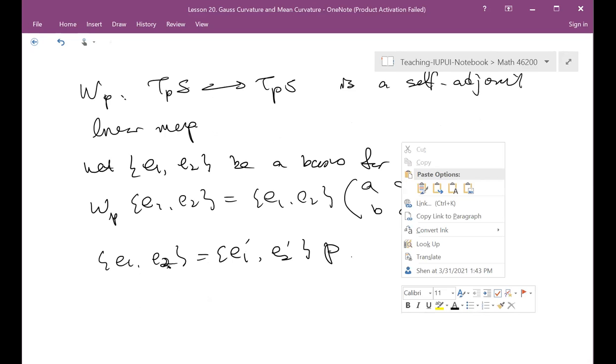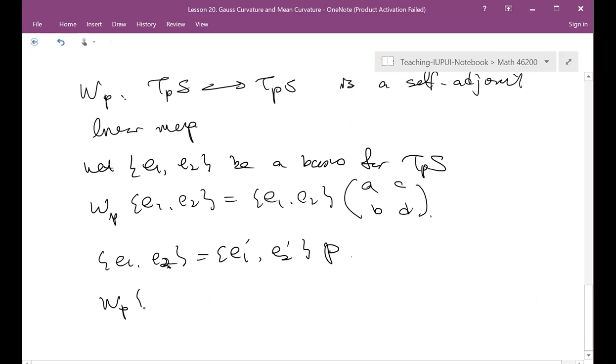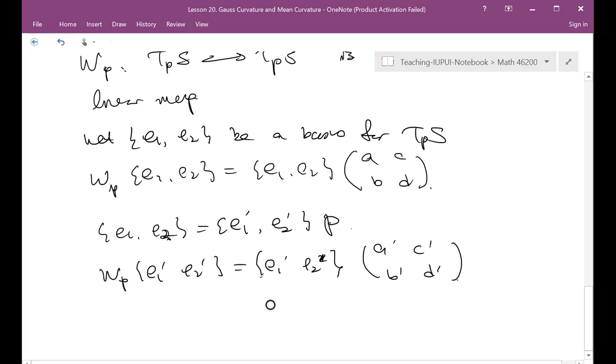I want to find the relationship between those two matrices, A, C, B, D and A prime, C prime, B prime, D prime.